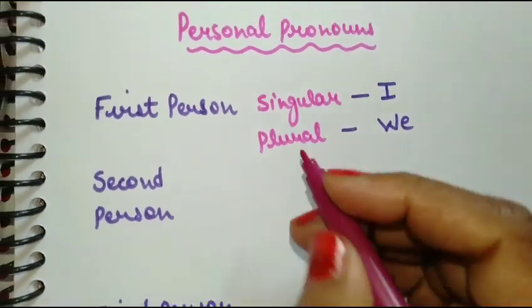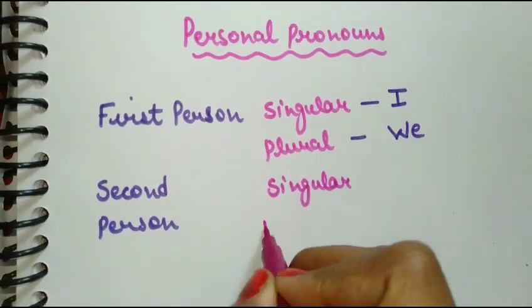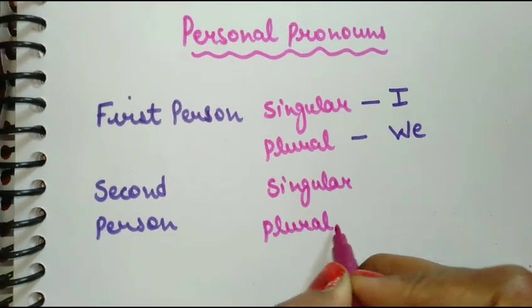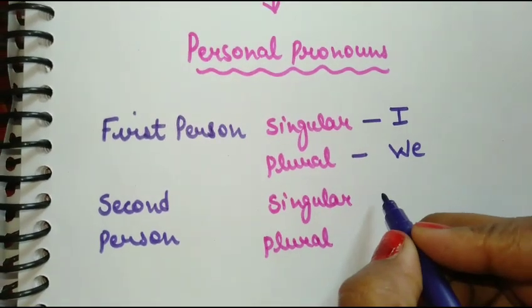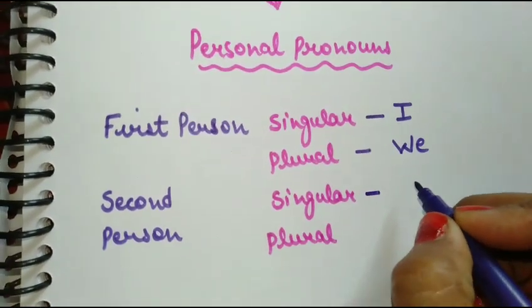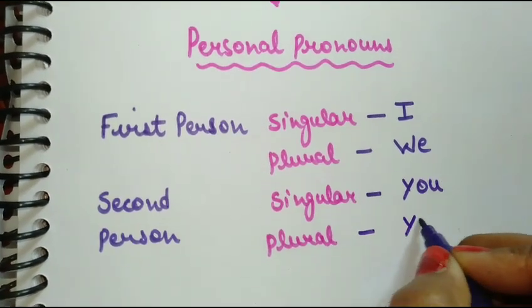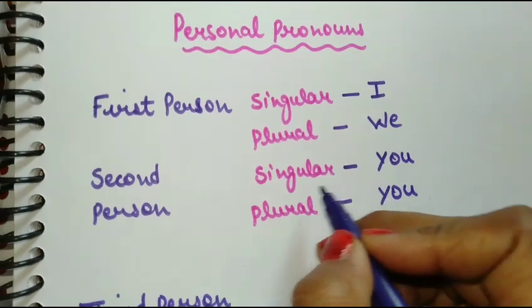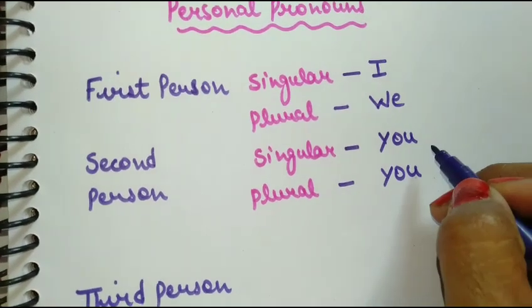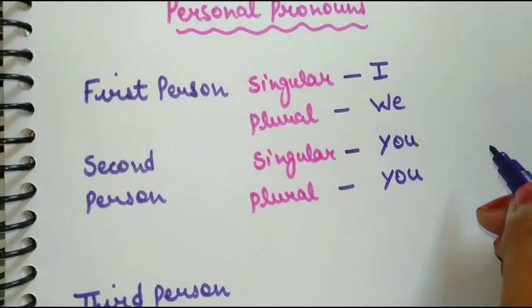The next one, second person, singular, plural. Subjective case for singular will be you and plural also you. Why have I written you for both singular and plural? Because you has the same form in singular as well as plural.